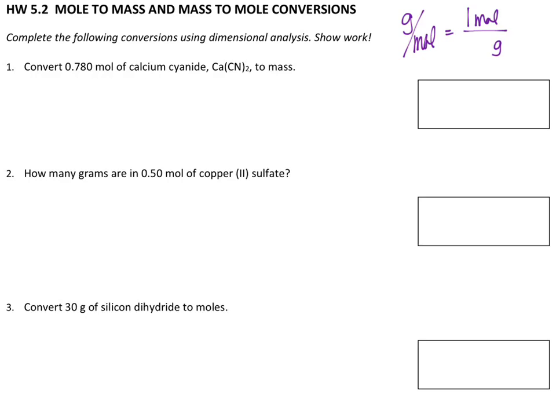Our given is asking us to convert 0.780 moles of calcium cyanide. I'm going to write down my given. Always make sure you write down your formula. Calcium cyanide, and we're going to convert that to mass. In order to convert that, we know that we want to get rid of mole, but in order to get to grams, we have to figure out this step.